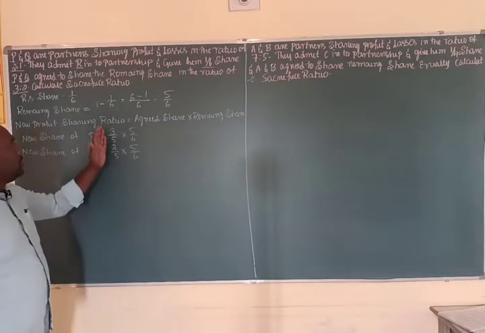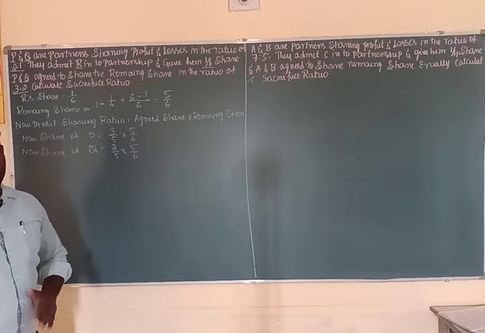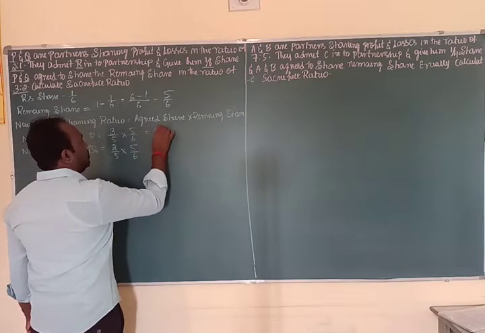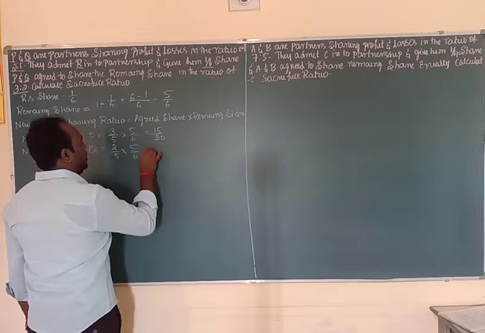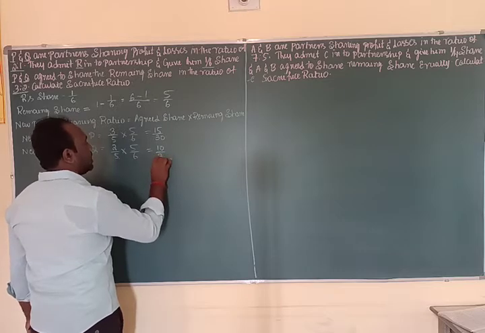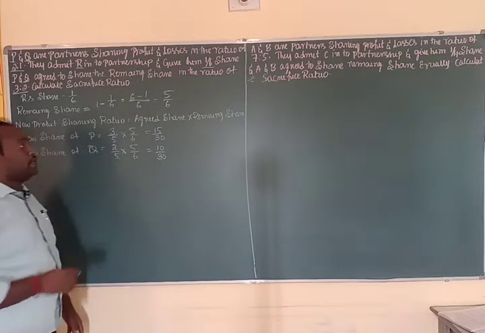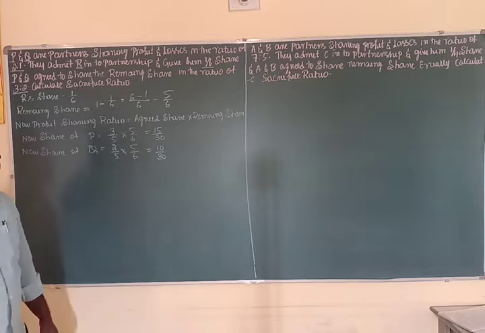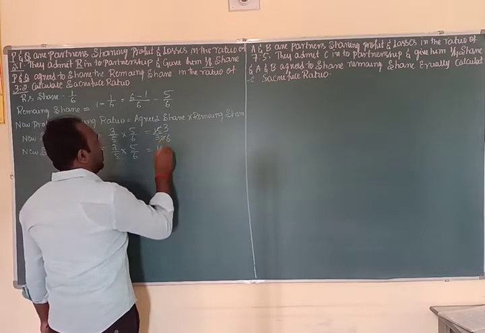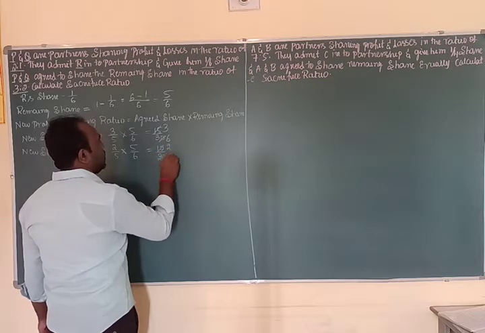Now we do the multiplication: 5 3s are 15, 5 6s are 30, 5 2s are 10, 5 6s are 30. See if it easily cancels by any number. It cancels by 5: 5 3s are, 5 6s are, 5 2s are, 5 6s are.